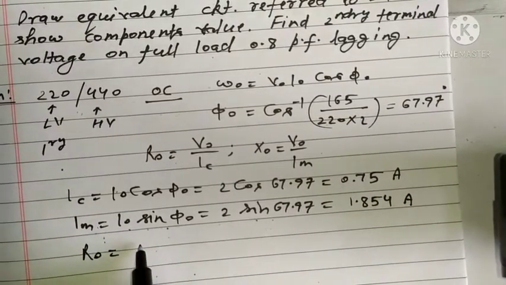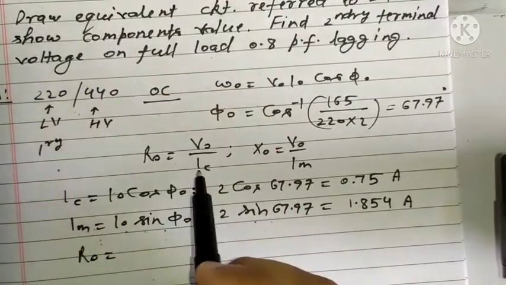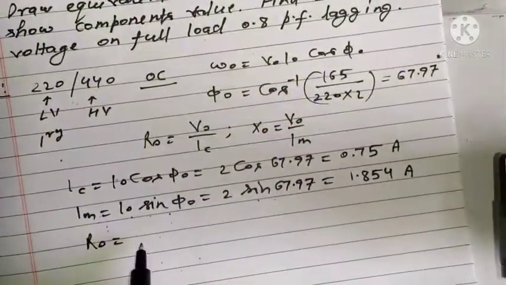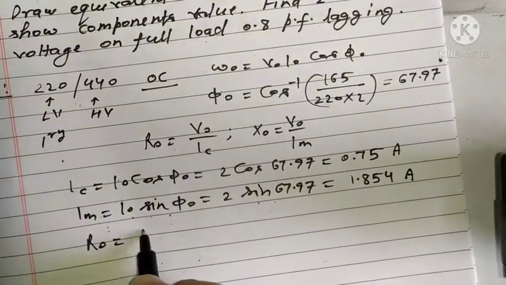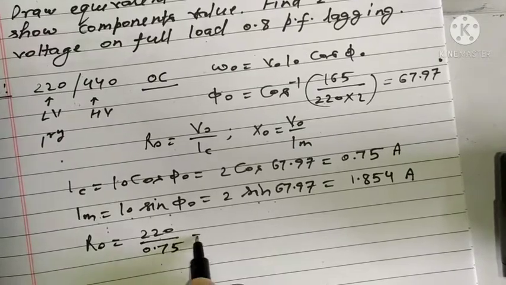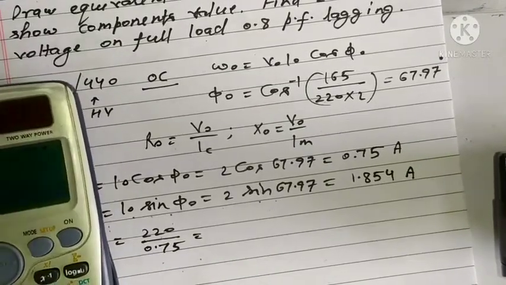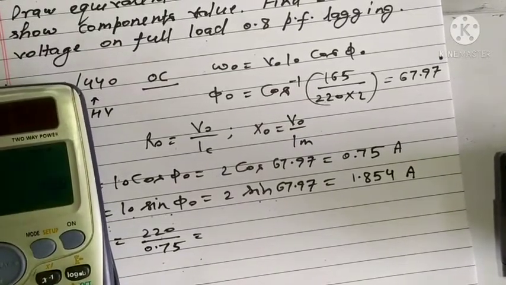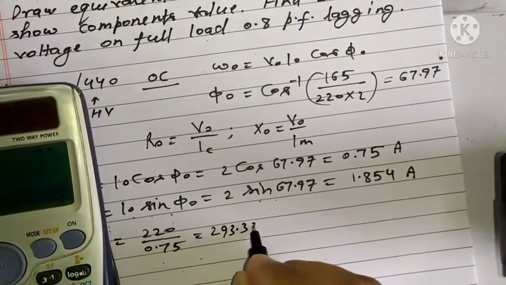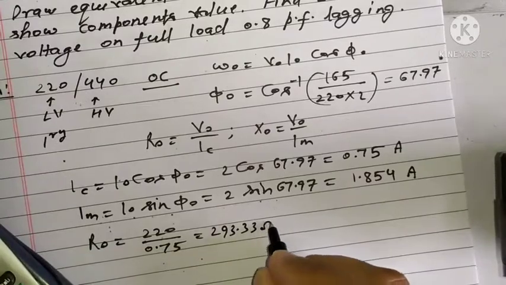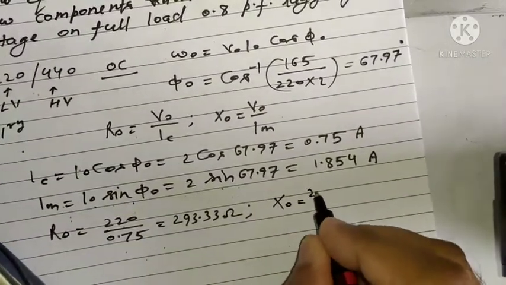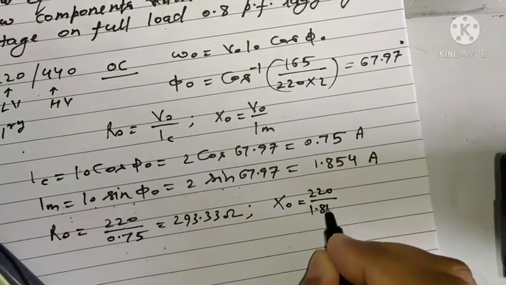We got IC and IM, therefore we can calculate R naught and X naught. R naught will be V naught 220 by IC 0.75, so it comes as 293.33 ohm, and X naught will be 220 by 1.854.